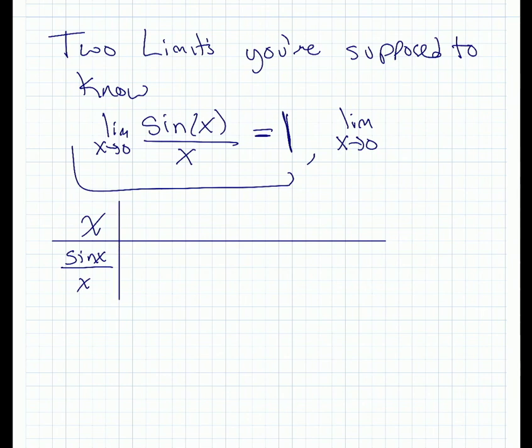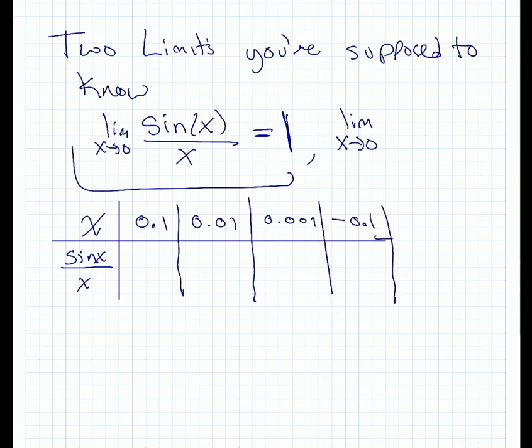Your x is going to 0, so you'd go like 0.1, 0.01, 0.001. Then you'd have to do the same thing from the negative side, so negative 0.1, negative 0.01, negative 0.001, something like that.